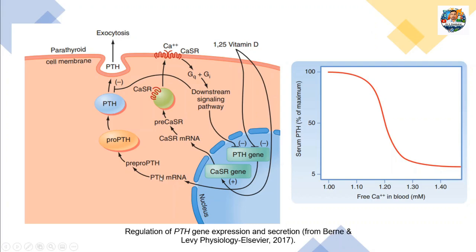I won't go into details of the synthesis of parathyroid hormone. This is a normal process of transcription and translation. But as is seen in many hormones and enzymes, parathyroid hormone is produced as an inactive precursor, pre-pro-parathyroid hormone. Then it is converted to pro-parathyroid hormone and finally to the functional parathyroid hormone.